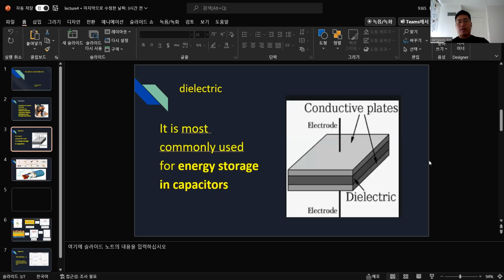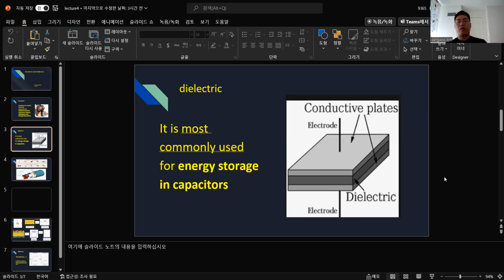And instead, dielectrics. In the circuit, there's RLC, right? So a dielectric is the C, the capacitor. It is most commonly used to store energy in capacitors, so the main purpose is to store energy.